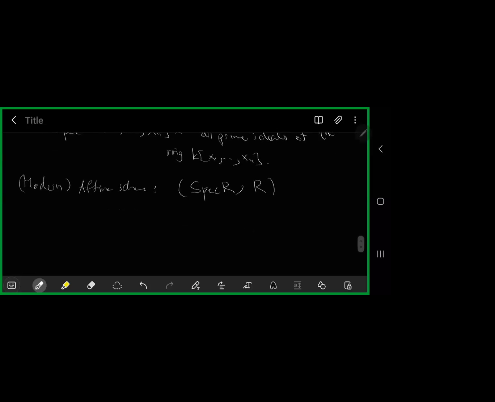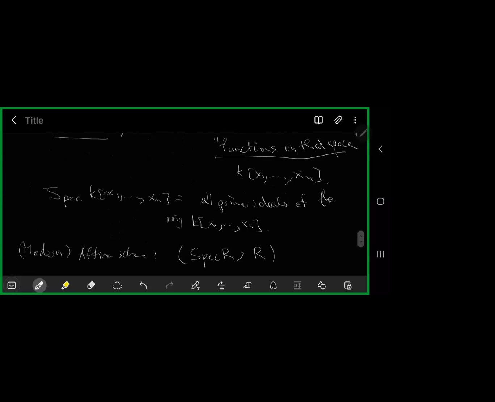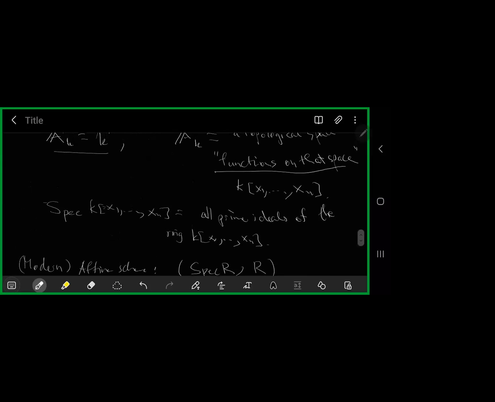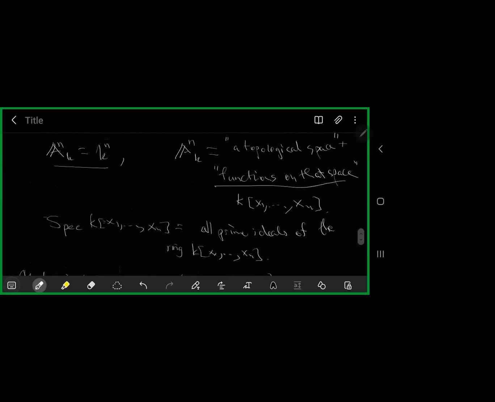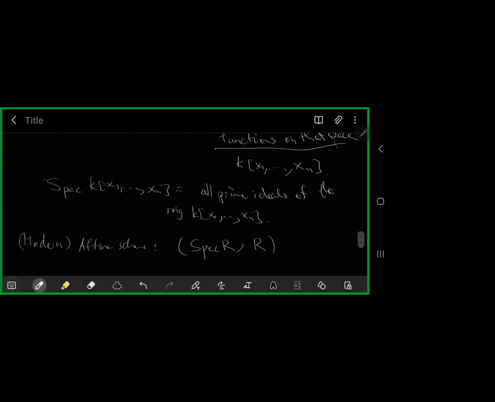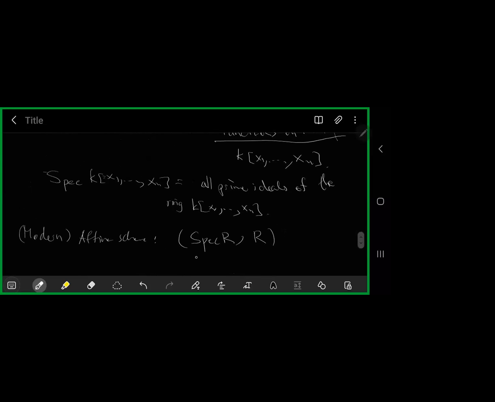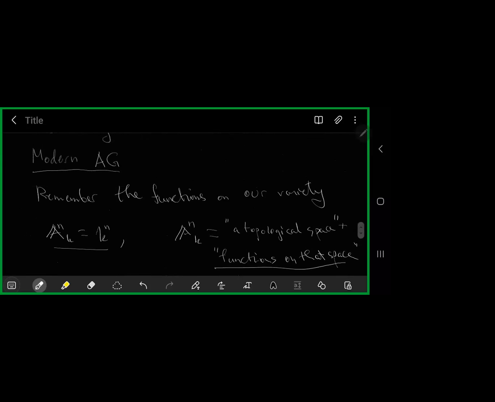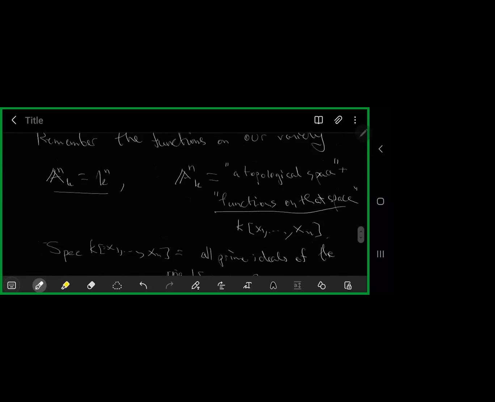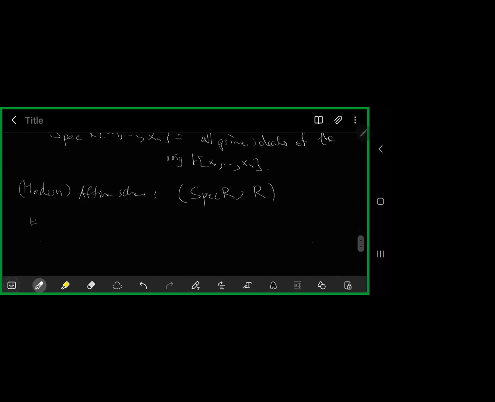And the nice thing about thinking about the functions is I never need to say I can work with general rings. That's the first thing. So I could work over something that's not even characteristic 0. For example, say you have the ring R being Z mod P. This is a field.